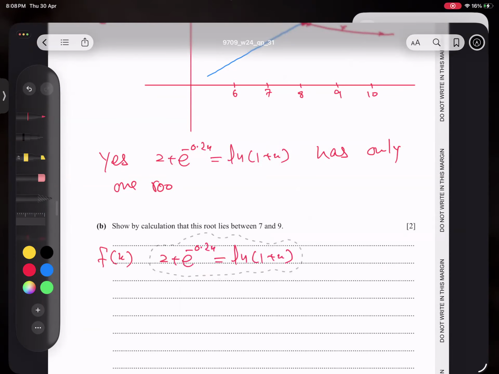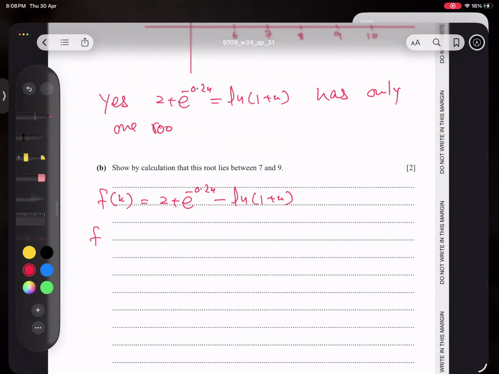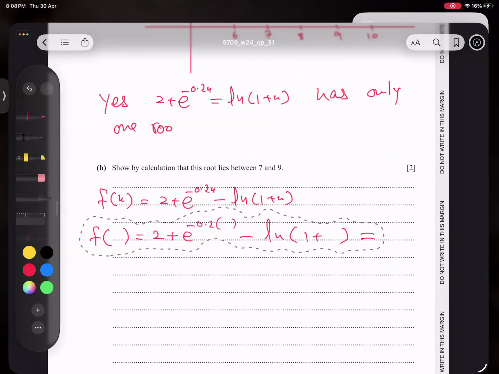Now students, what to do? I brought this on the left side. Now I'm going to replace every x value by 7. Every x value by 7. And now I'm copying this whole equation because I will copy two values one by one.